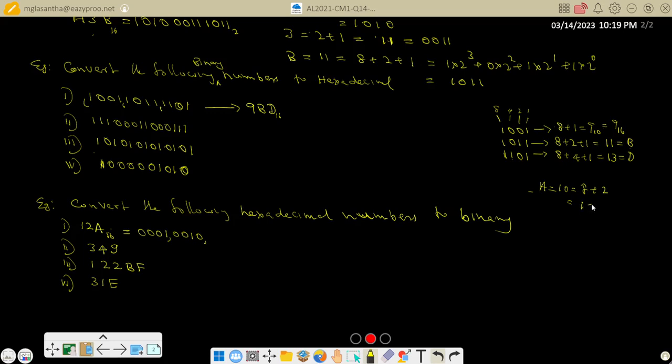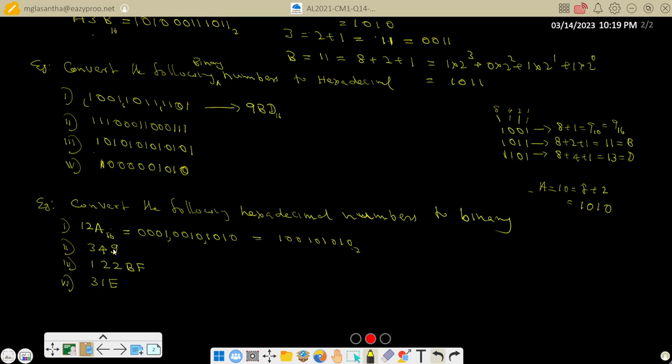That is 1, 0, 1, 0. So this equals 1, 0, 0, 1, 0, 1, 0. So this is the binary equivalent.